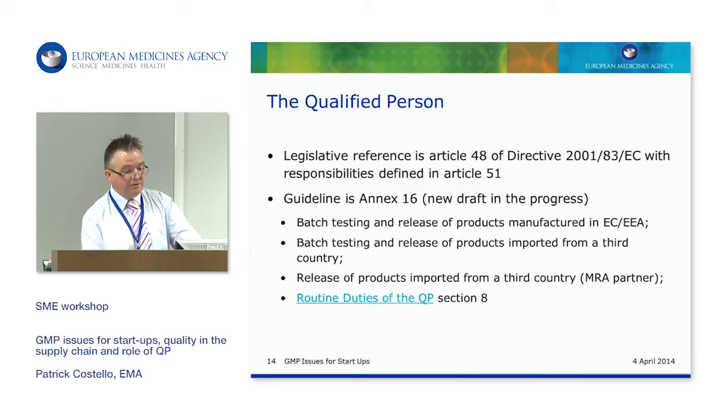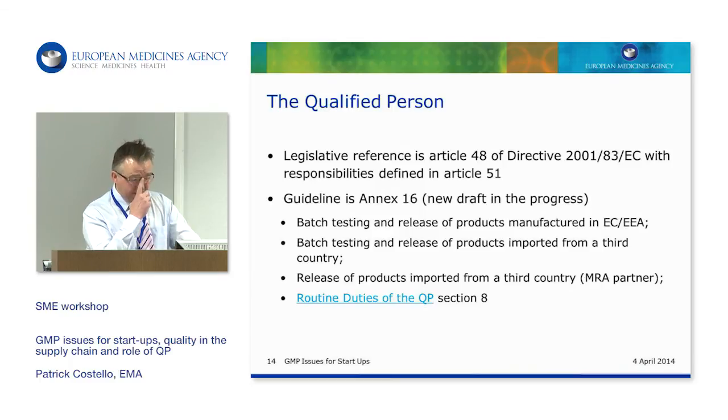So the legislative reference is in Article 48 of Directive 2001/83, which I referred to at the start of the presentation, with the responsibilities for that individual defined in Article 51. Once again, as I showed you on the webpage, we have a dedicated guideline for the QP, which is Annex 16.